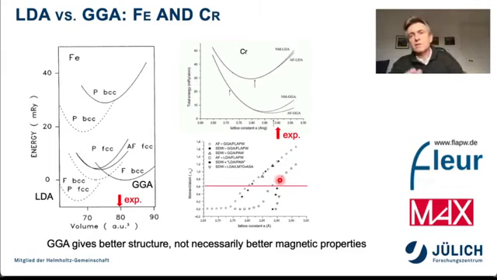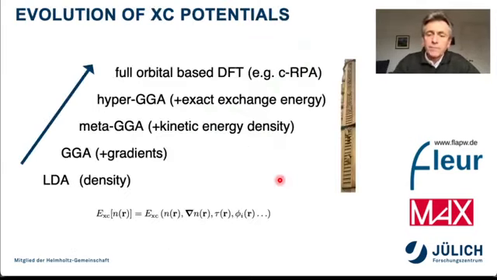But of course this in the end always requires some testing of what you actually use for your calculation. Now, of course, the developments didn't stop here with the gradients. People added more and more to the exchange correlation potentials. In the meta-GGA, the kinetic energy density was added as additional input to the functional. Hyper-GGAs were constructed where exact exchange energy, Hartree-Fock-like, was added.